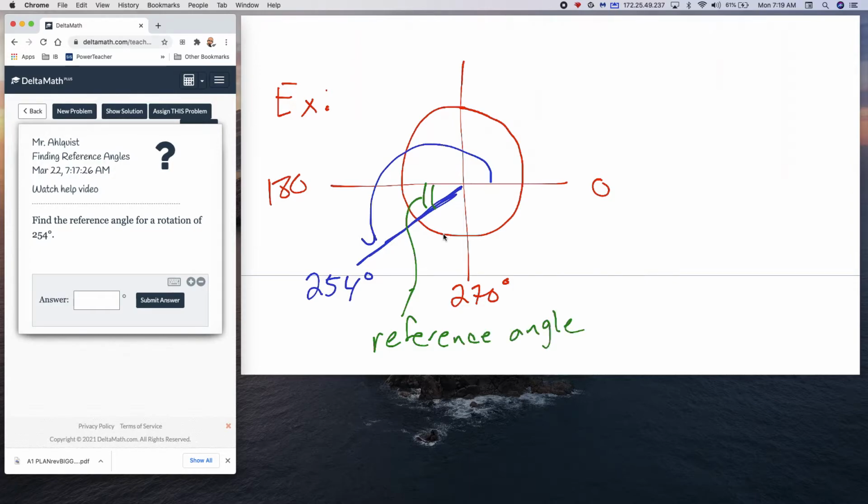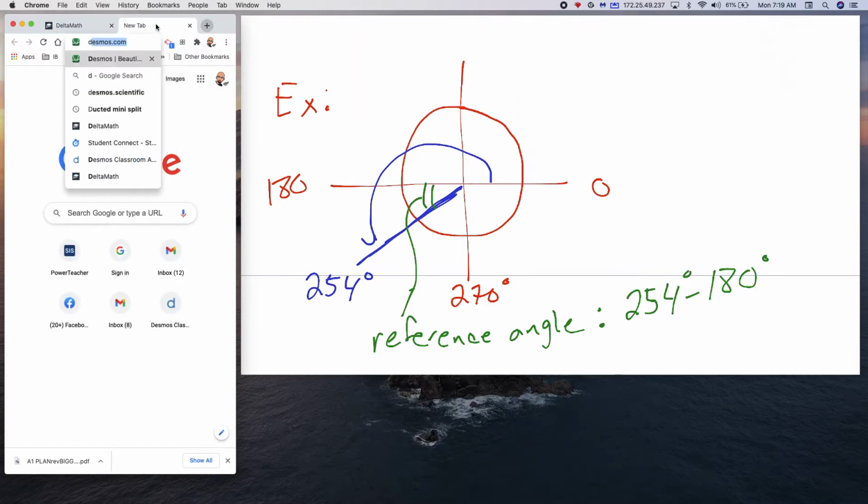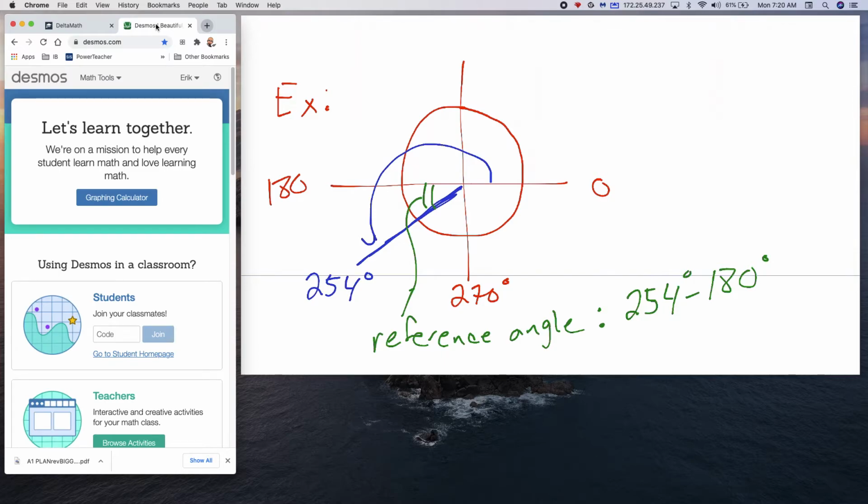If we were going to find that angle, what we would do on this particular one is take that 254 and subtract 180. You could use a Desmos scientific calculator.